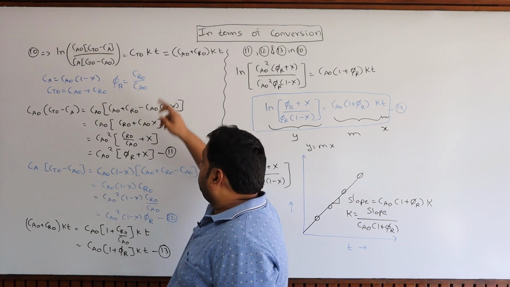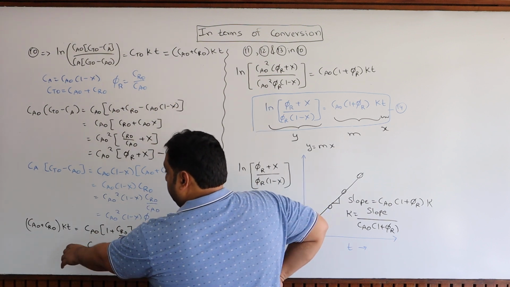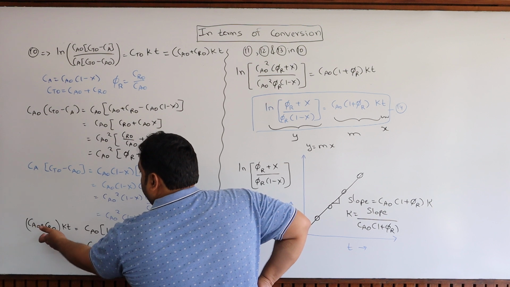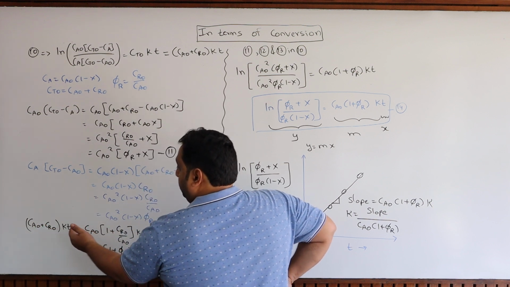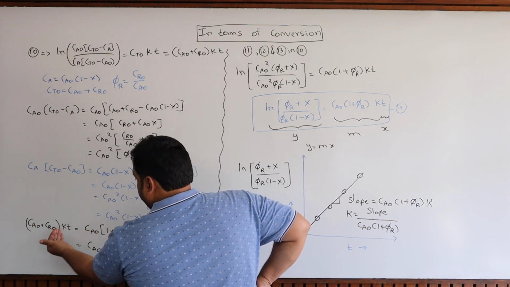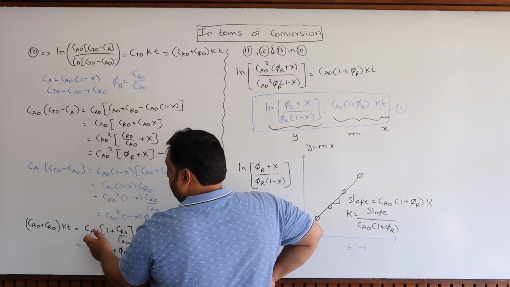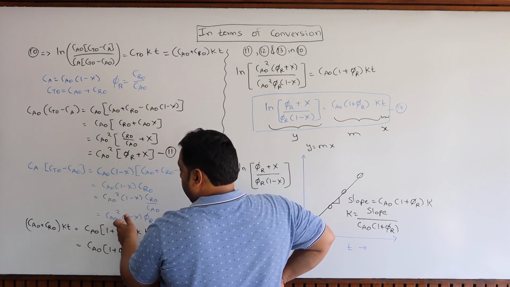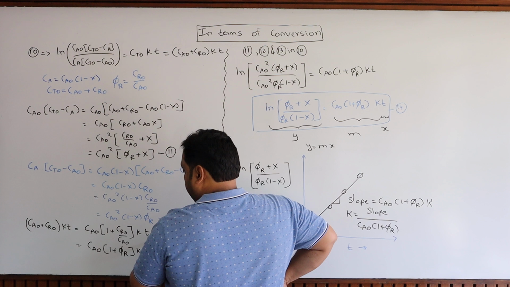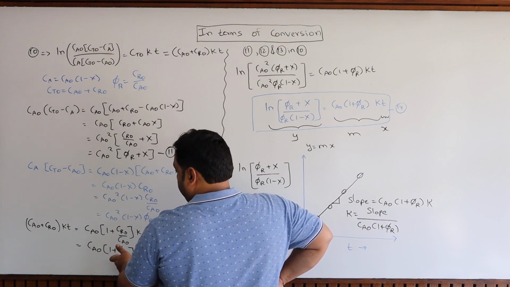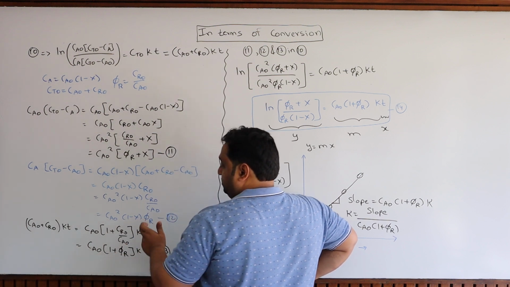What is the right hand side expression? It is nothing but Ca0 plus Cr0. From this, take out Ca0 as a common factor, so that it becomes Ca0 into 1 plus Cr0 by Ca0 into k times t, nothing but Ca0 into 1 plus phi r into k times t.